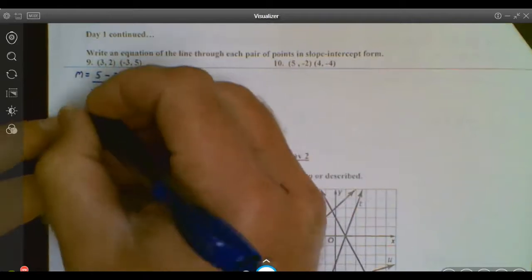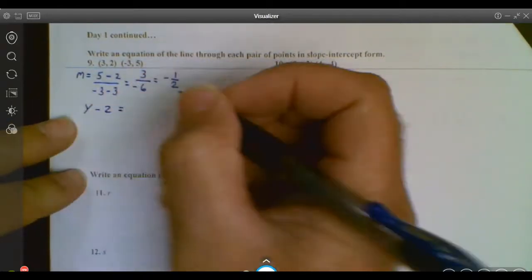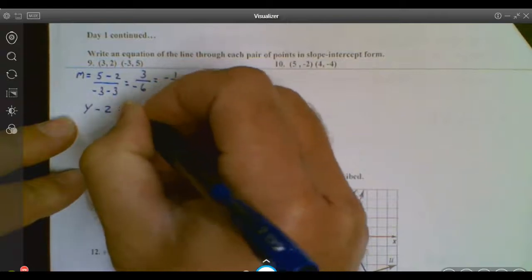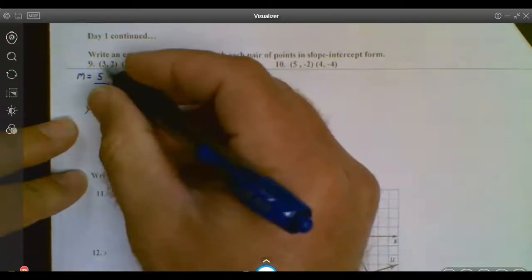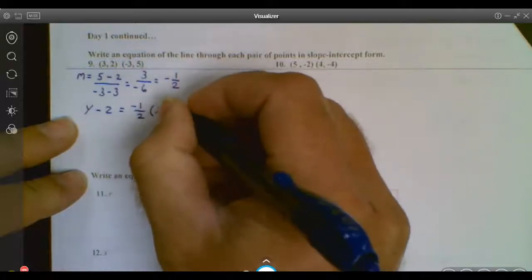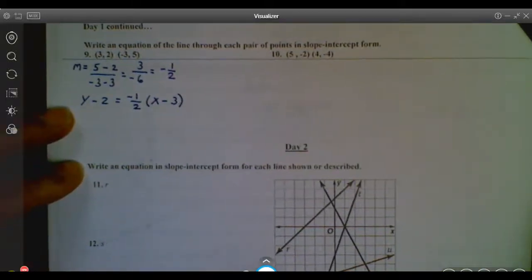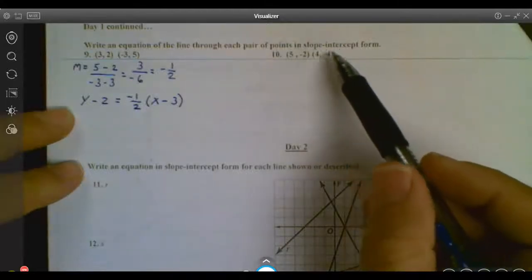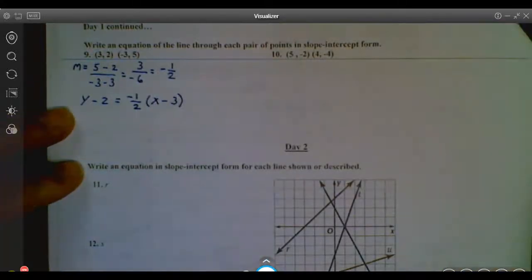So I'm going to say y minus my y-coordinate equals my slope times x minus the x-coordinate, which was 3. All right. So that's what it looks like in point slope, but that's not what they're asking for. They want slope intercept. So in this problem, we're using point slope as just a step in the process.